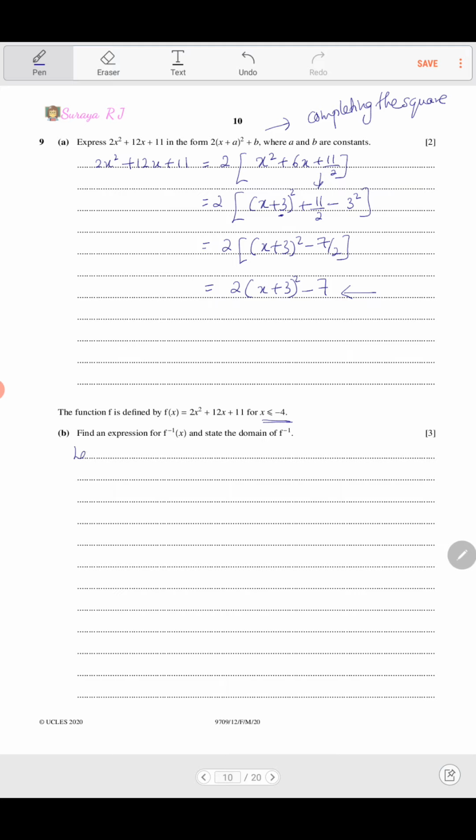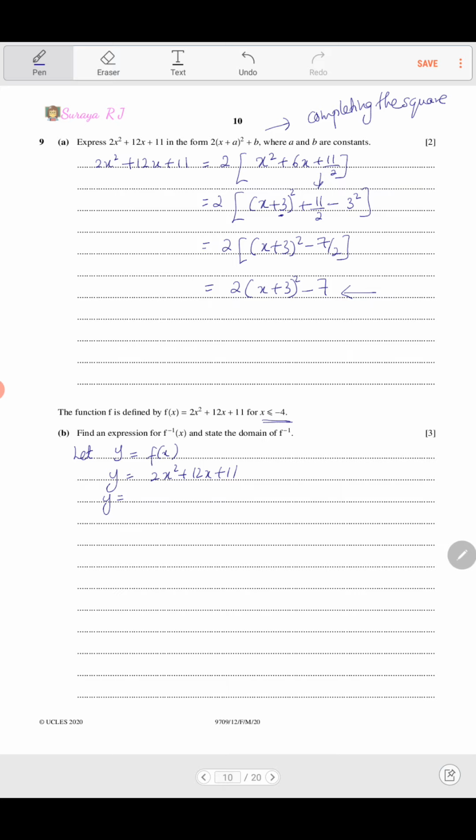So this is done by writing let y is equal to f of x. So we have y is equal to 2x squared plus 12x plus 11, and we have to make x subject of formula. To do so, we have to write 2x squared plus 12x plus 11 in the completed square form.